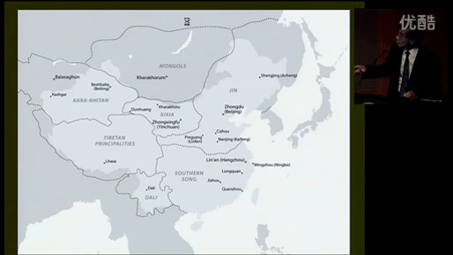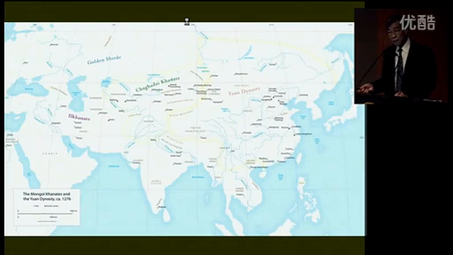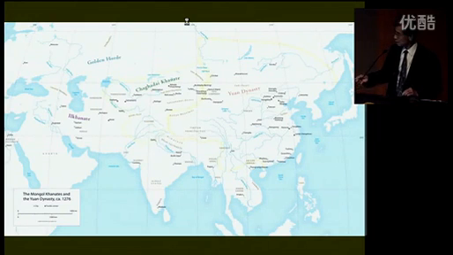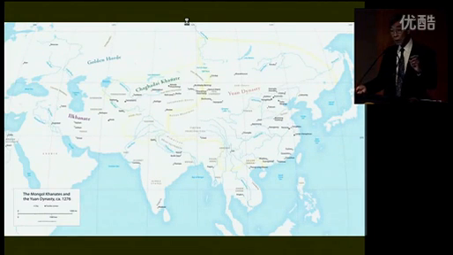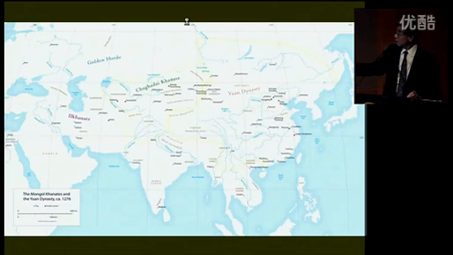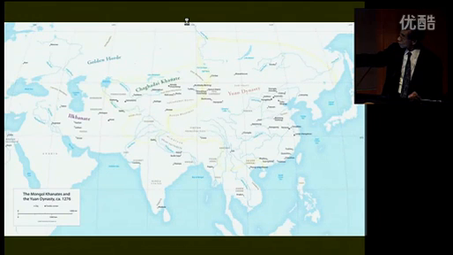But what is important to note is that after the conquest and after the unification of all of China under Kublai, China under the Yuan Dynasty covered all this vast area. But it was only one part of the greater Mongol Empire which extended to Central Asia, the Chagatai, and in Russia, the Golden Horde, and in Iran, the Ilkhanate.